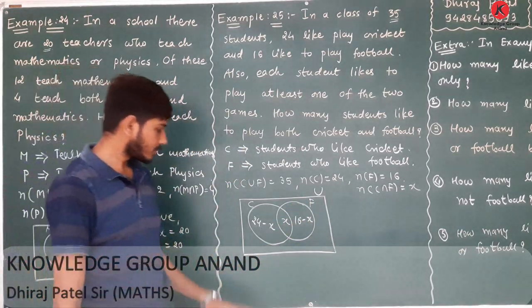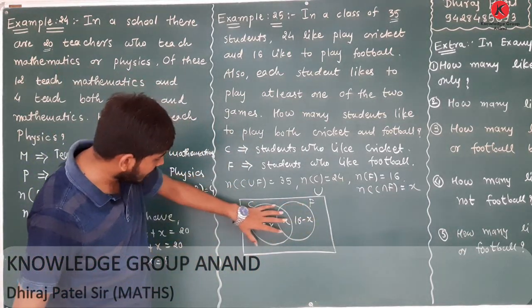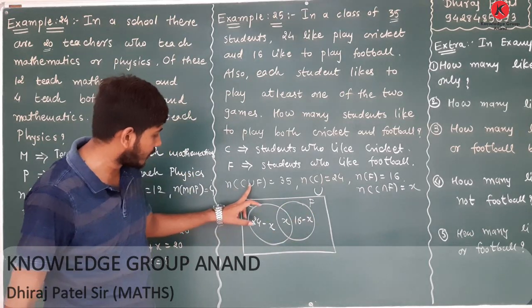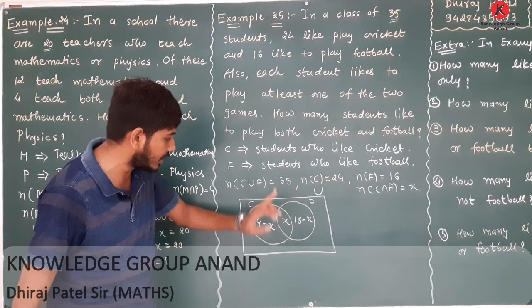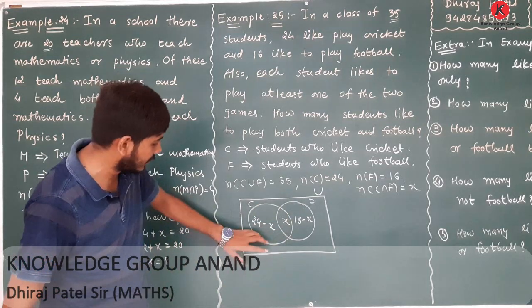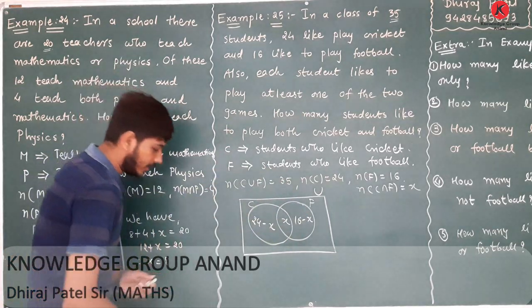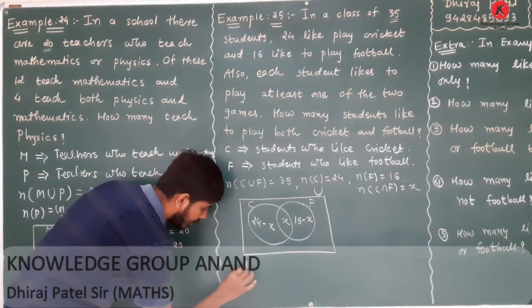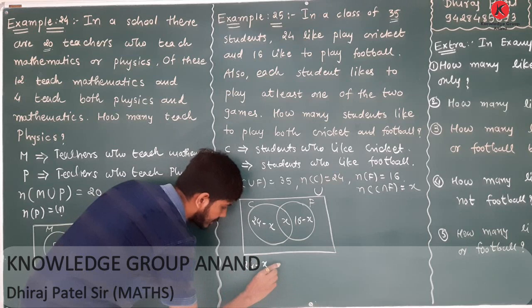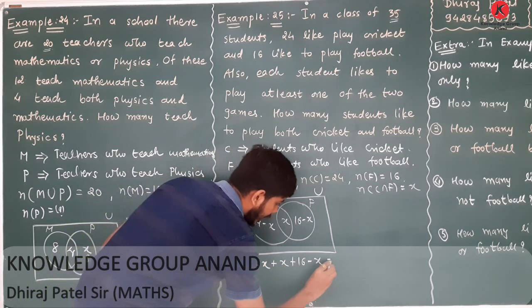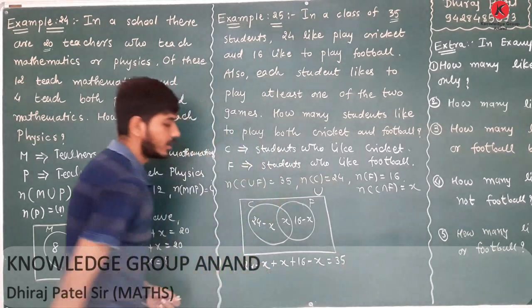Clear? Now, we know that total number of elements of the union of C and F, number of C union F, equals 35. Therefore, we can say that the addition of these three equals 35. Therefore, 24 minus X plus 16 minus X equals 35.